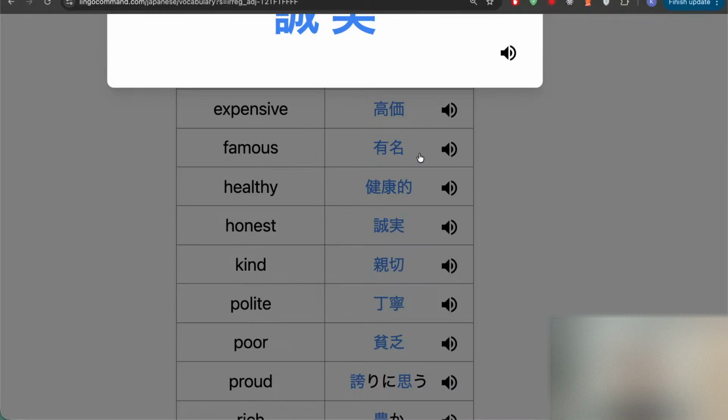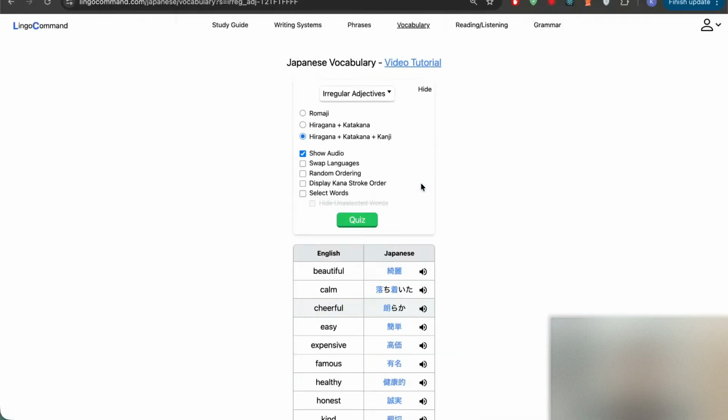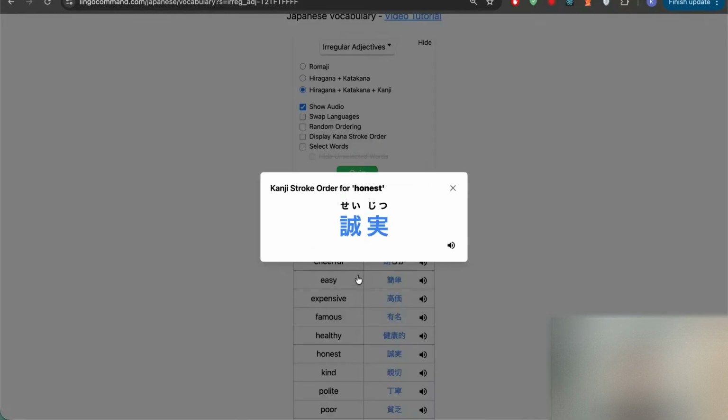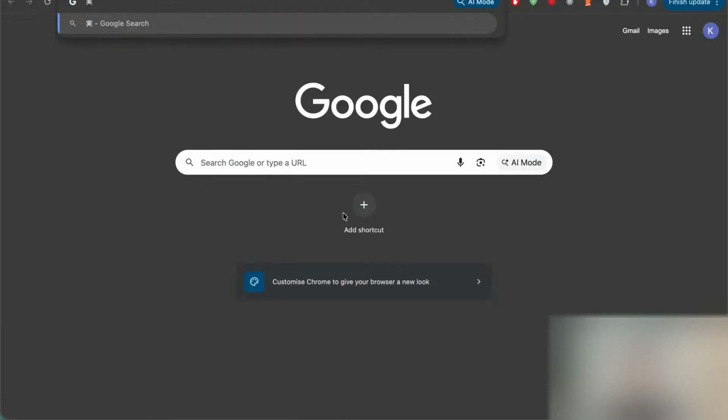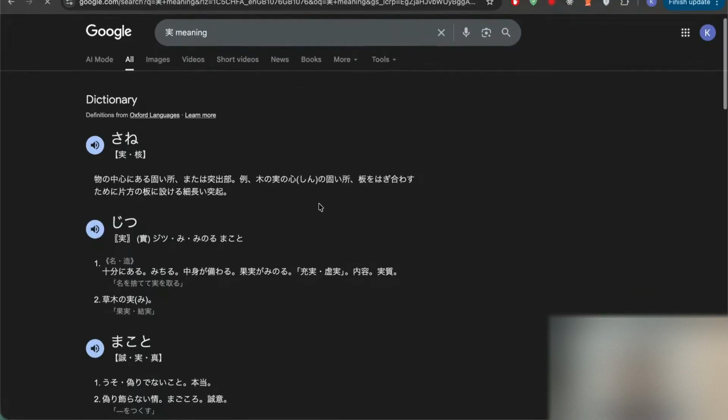Let's zoom out here. Honest, honest, honest. The first kanji's reading is sei, and then this is jutsu. Seijutsu. Let's see what this second kanji actually means. So let's put this in Google.